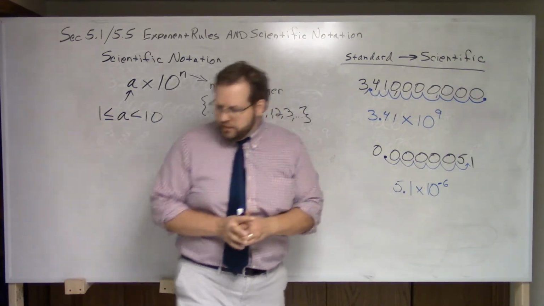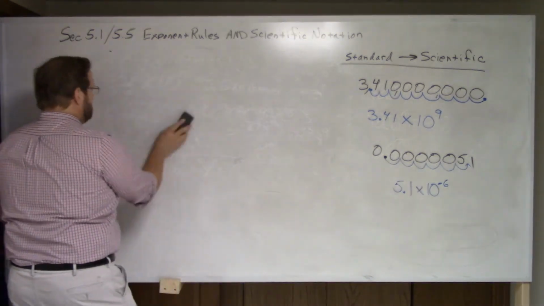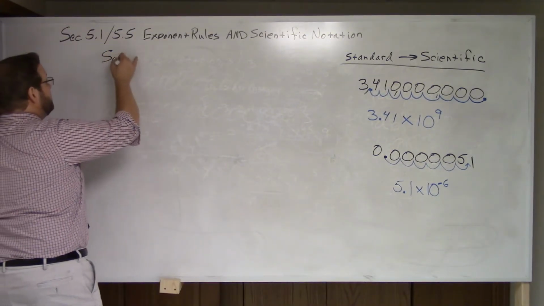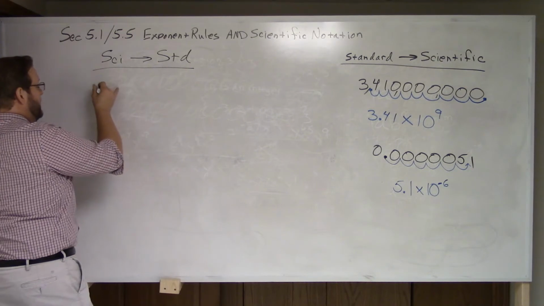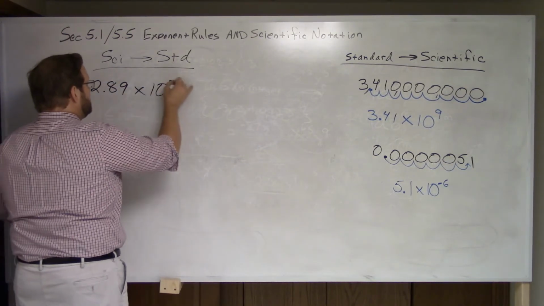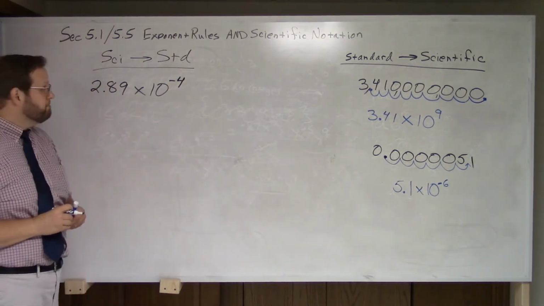Let's see it going the other way. Let's say I want to go scientific to standard. And let's say I have a 2.89 times 10 to the negative fourth. Okay?